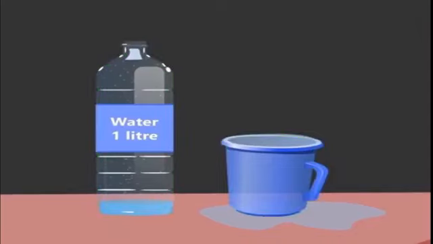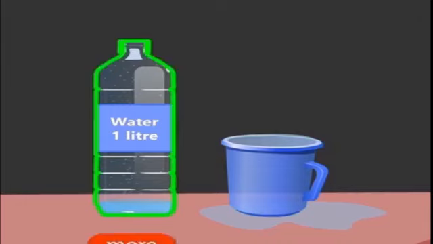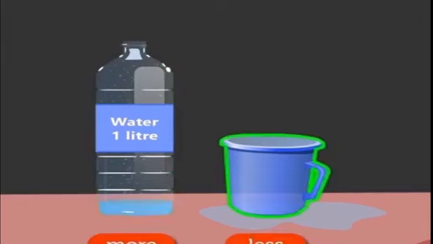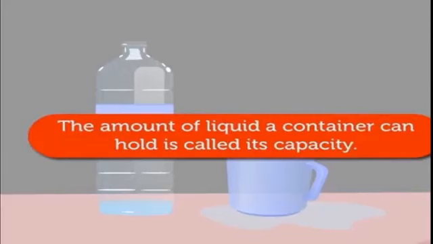It means we can say the mug has less capacity than the bottle, isn't it? The amount of liquid a container can hold is called its capacity. Got this, students?